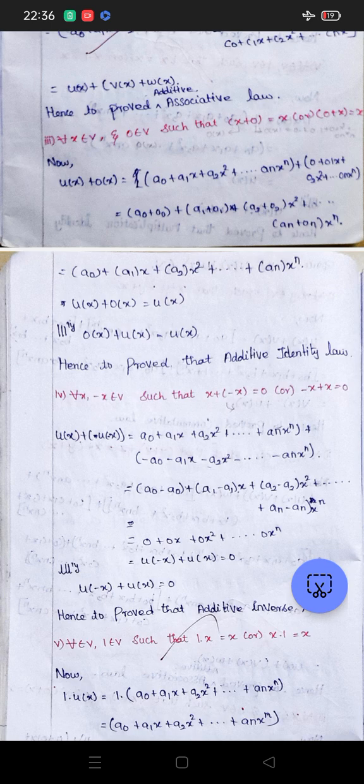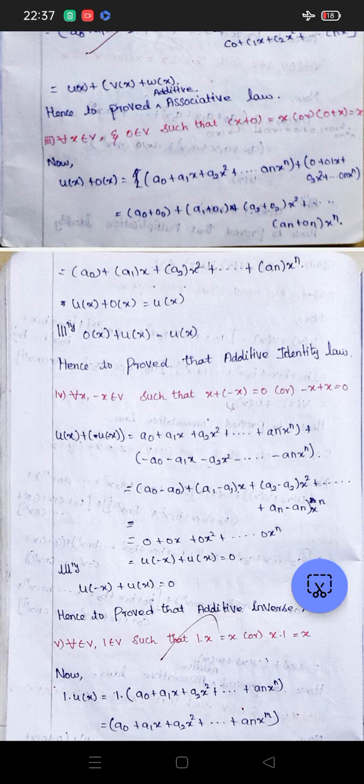The first one you can write u(x) + (-u(x)). The u(x) polynomial is a0 + a1x + a2x^2 etc. + an x^n. Next, you can write -a0 - a1x - etc. - an x^n. Adding these two polynomials: a0 - a0 + (a1 - a1)x + etc. + (an - an)x^n.